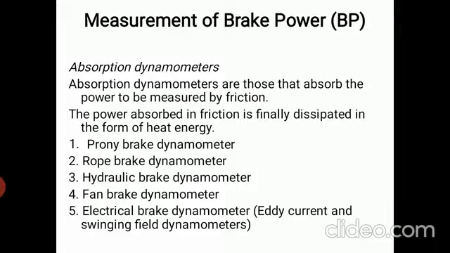With the help of a dynamometer we are going to find the brake power of each and every engine. Here I have given some basic dynamometers. Starting from olden days we have used the prony brake, rope brake dynamometer, hydraulic dynamometer, fan brake, and the electrical dynamometer, that is termed the eddy current dynamometer.